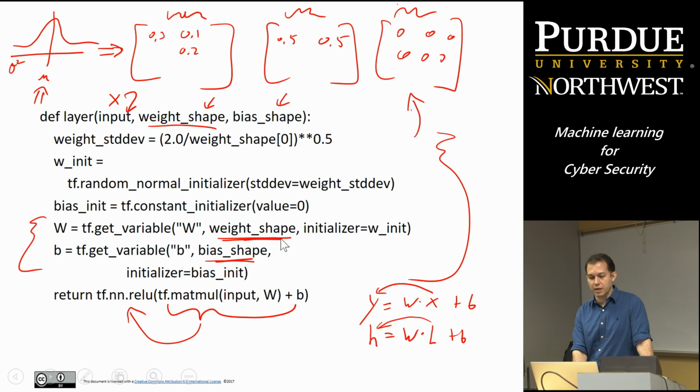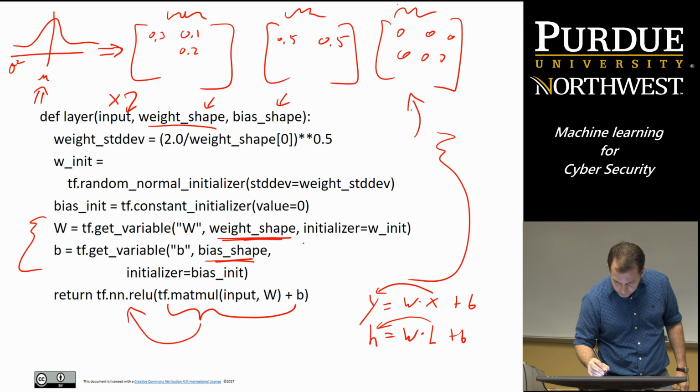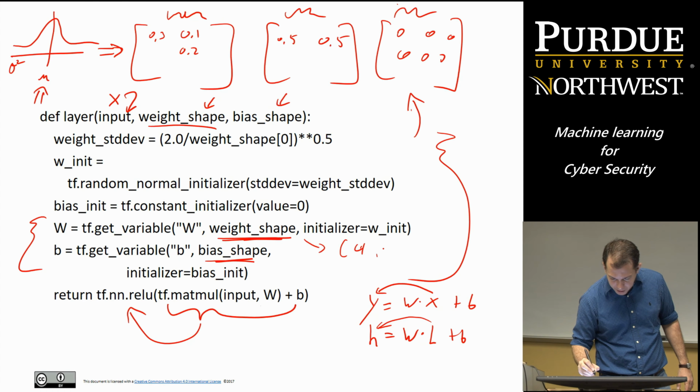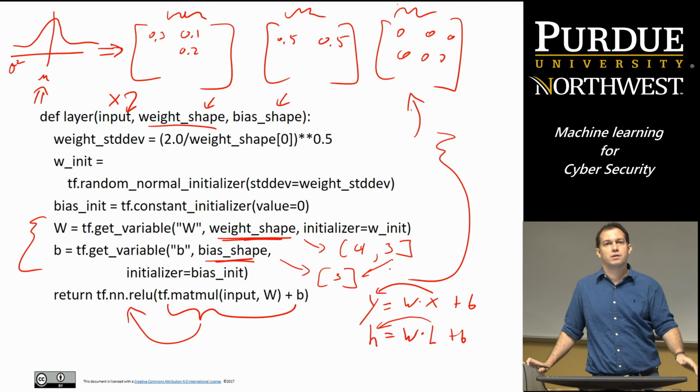The bias is really always, for iris, this would be 4, 3, then the bias is always going to be 3, right? It's always the number of neurons in that second layer.